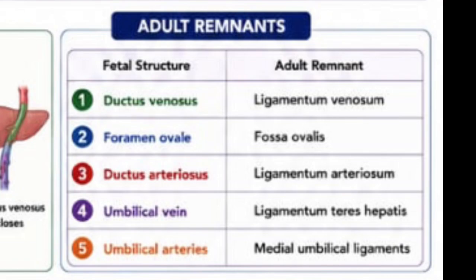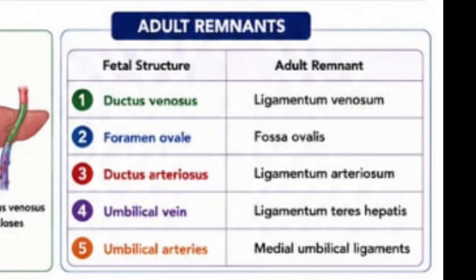The mother's connection is out, so the child has to develop his own system for taking blood to the heart for oxygenation again. You get it now? So when it obliterates, it forms what we call the medial umbilical ligament.